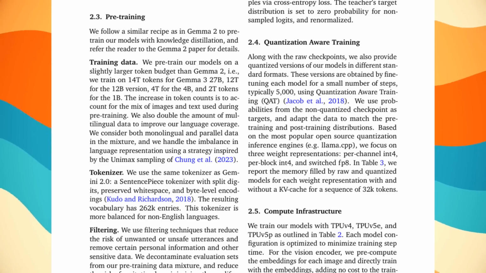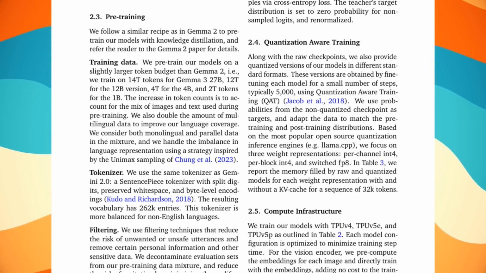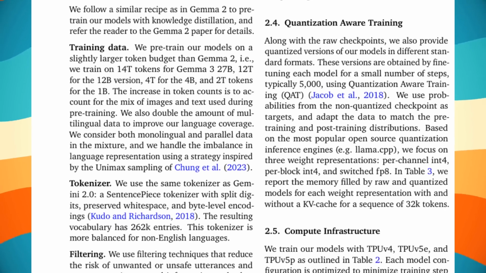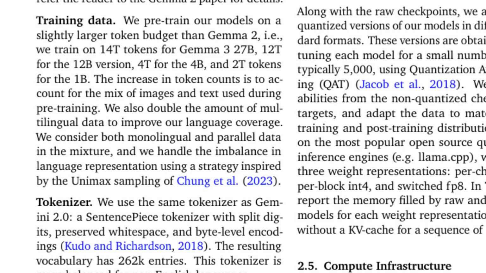Okay, so if we look at some of the details about the pre-training for this model, each of the models has been trained for a different number of tokens. So for the 27 billion model, it's been trained for 14 trillion tokens. For the 12 billion model, it's been trained for 12 trillion, 4 trillion for the 4B, but 2 trillion for the 1B.